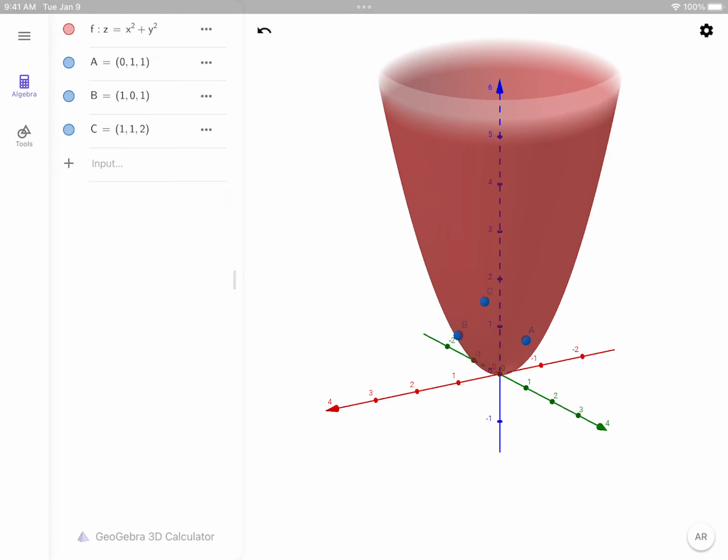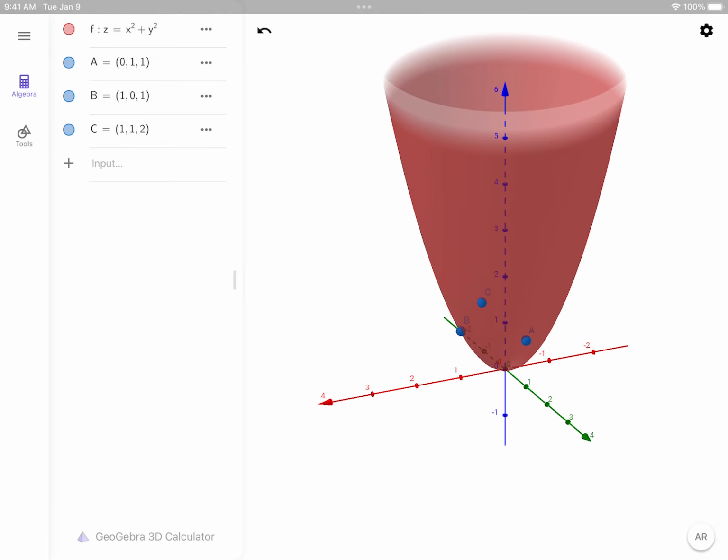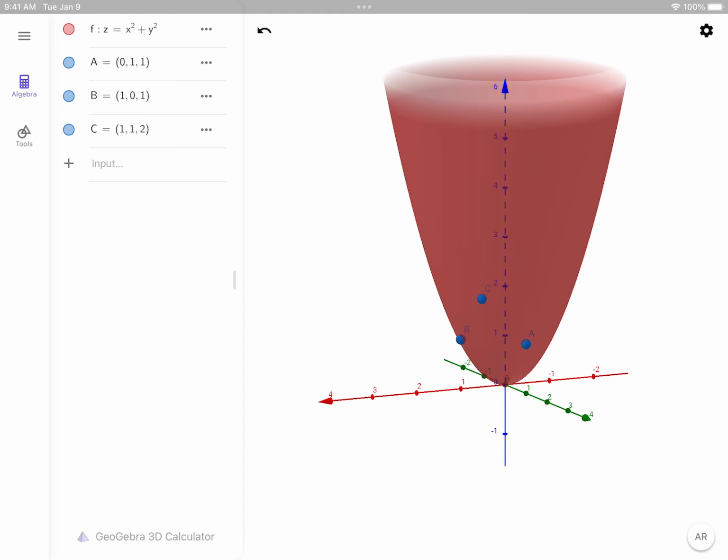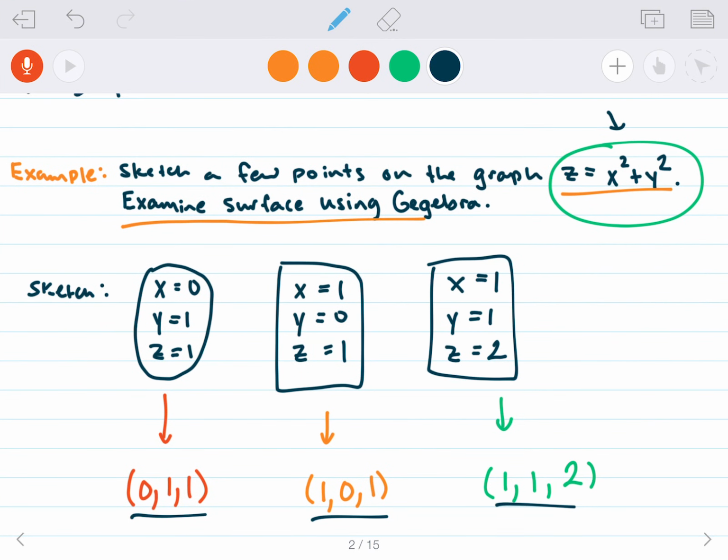Notice that it looks like a parabola. It looks like a bowl. We call this surface a paraboloid. Basically, it's the 3D version of a parabola.